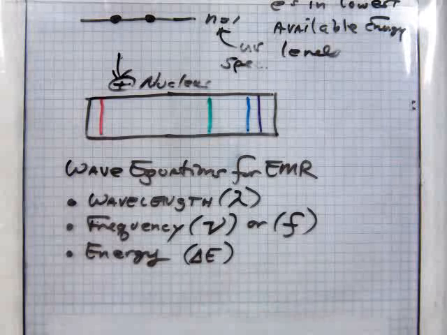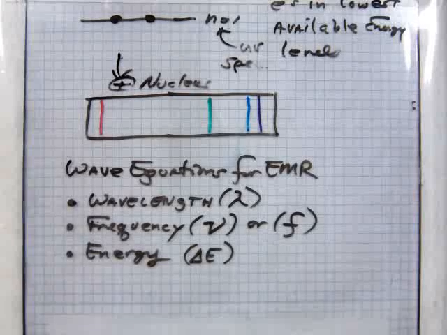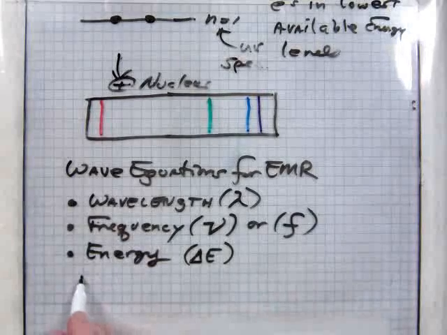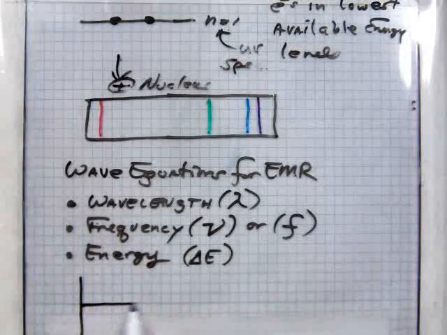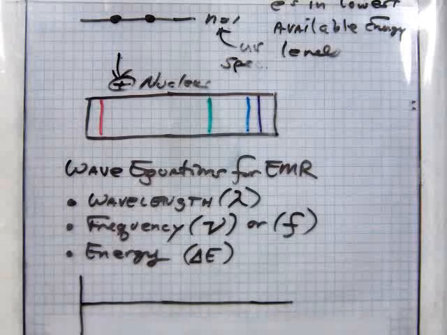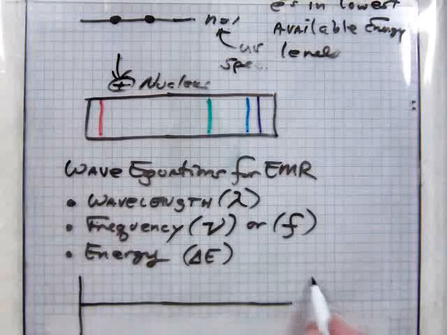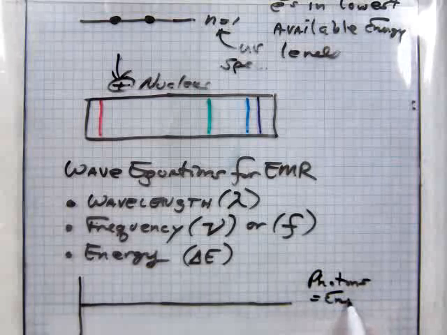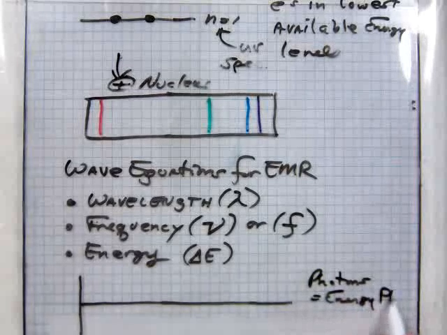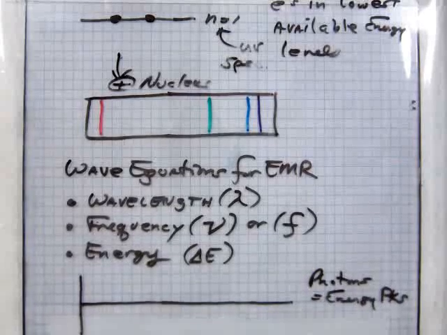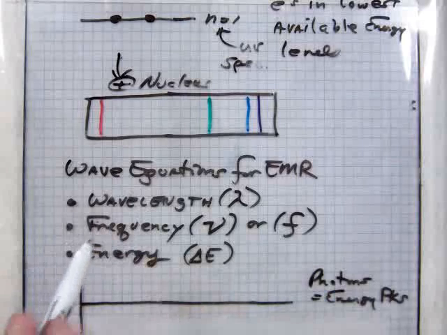Now, to understand these, you have to understand the relationships between these variables. Light, being electromagnetic radiation, travels through space in what we call energy packets called photons. Energy packs have a wavelength, a frequency, and an energy.